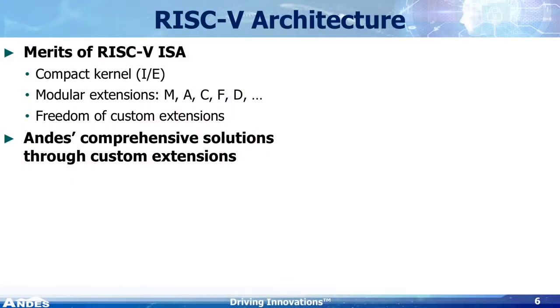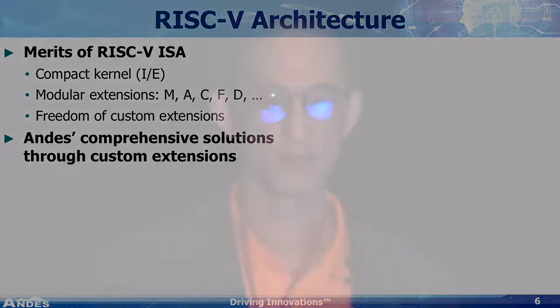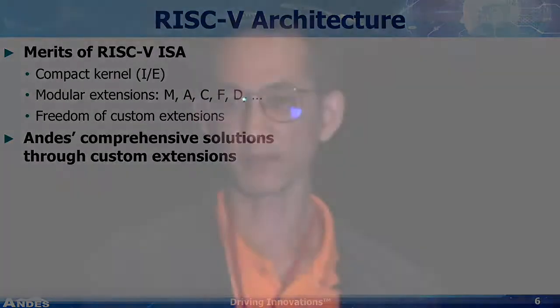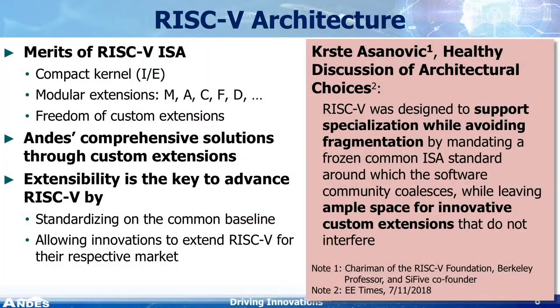Some people will start to think: if people start adding extensions to RISC-V, would that cause fragmentation? Actually, it's already well thought out. Krste Asanovic, the chairman of the RISC-V Foundation, Berkeley professor, and SiFive founder, has an article in a recent EE Times.